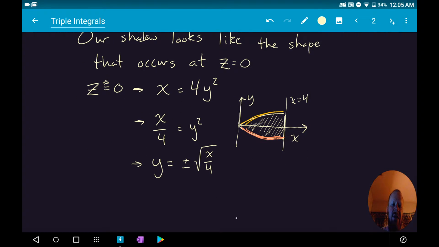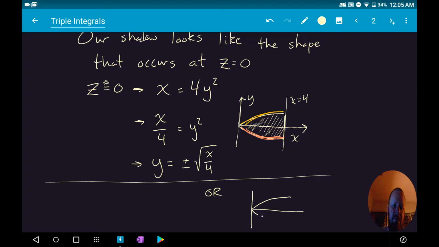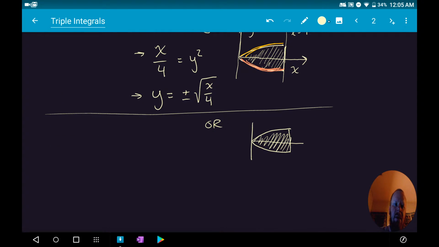Just to look at that alternative way to think about this. Again, we could think about this as being a function that looks like this, and a function that looks like this, and say this is our quote-unquote top curve. As we travel along the x direction, we hit this curve, and then this is our bottom curve.